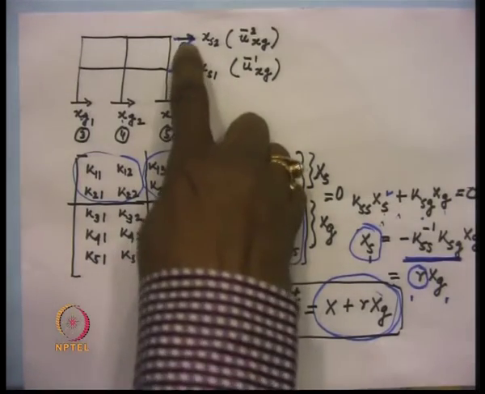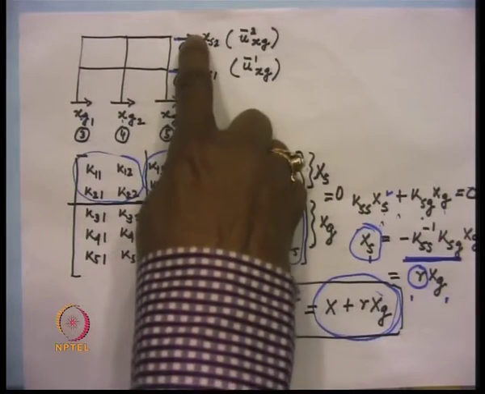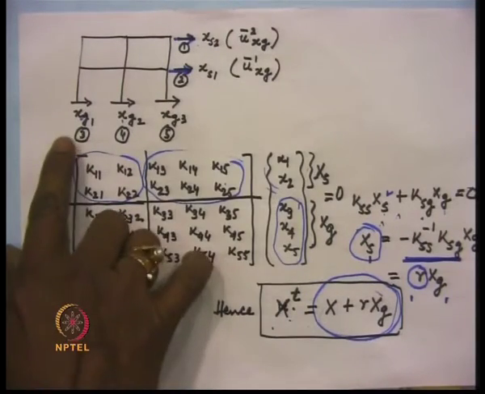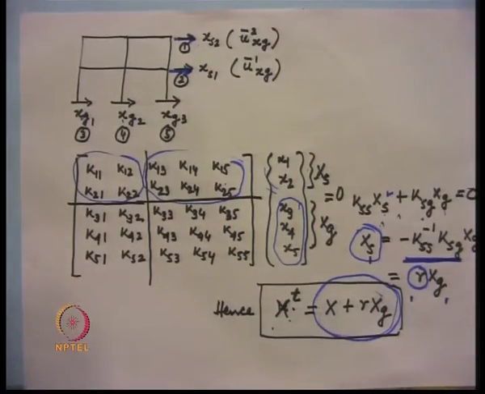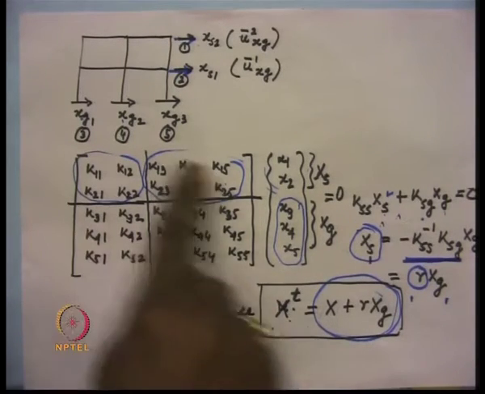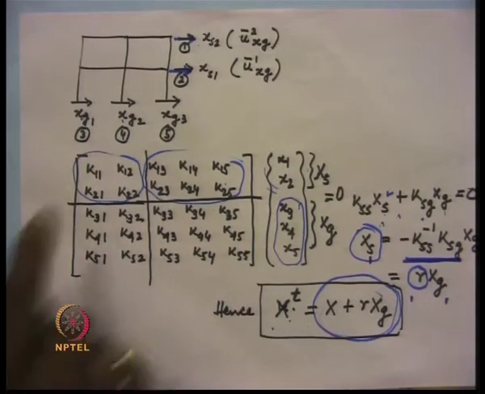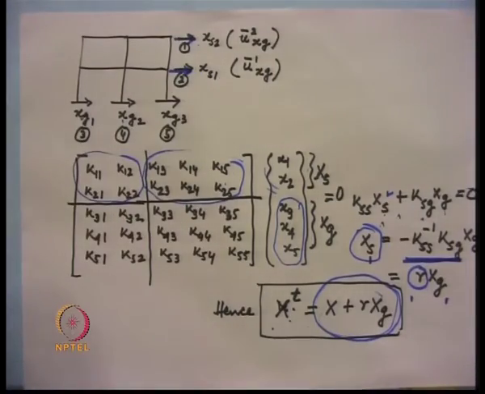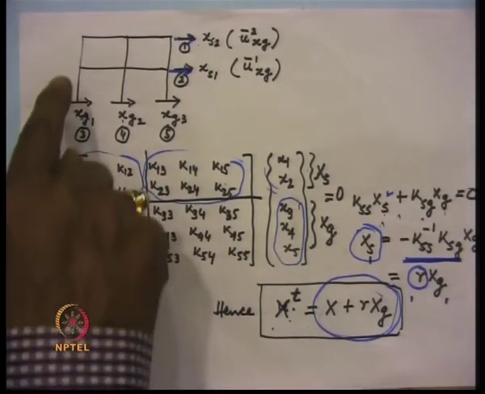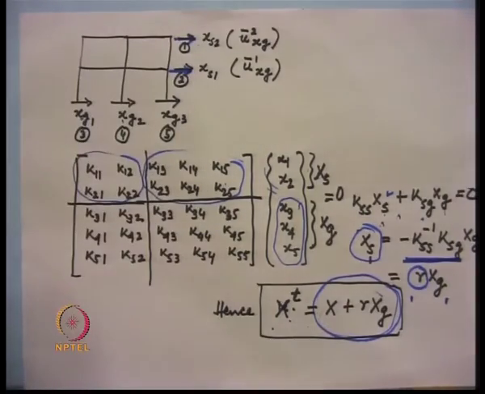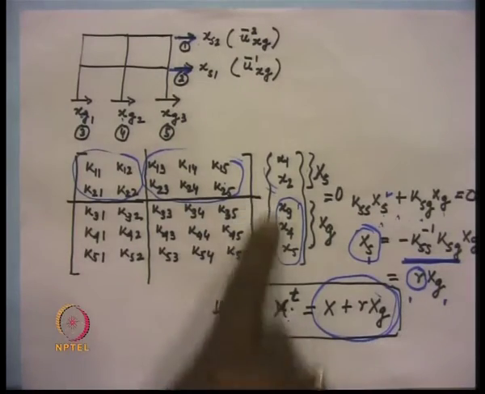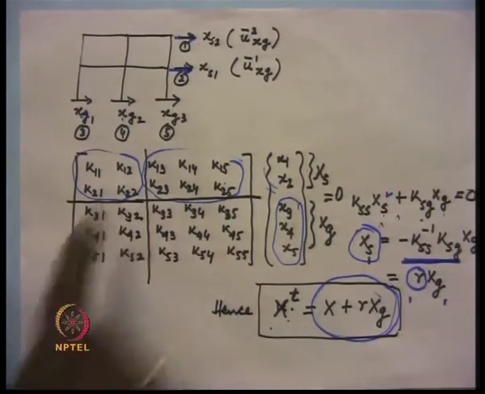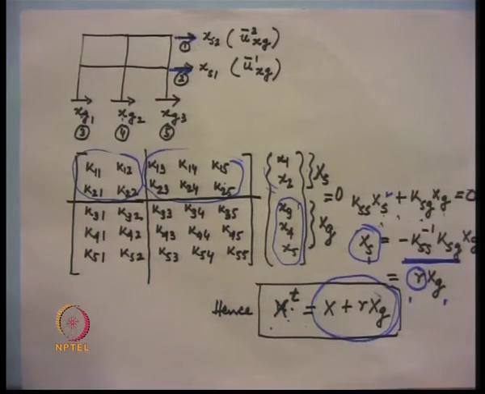Now, considering all the degrees of freedom, that is this degree of freedom, this degree of freedom, this another degree of freedom, this is another, and this is another, we have in all 5 degrees of freedom. We can write down a stiffness matrix in terms of only the displacement degrees of freedom, and if the rotational degrees of freedom are present, then we condense them out and finally write down the stiffness matrix corresponding to these 5 degrees of freedom.